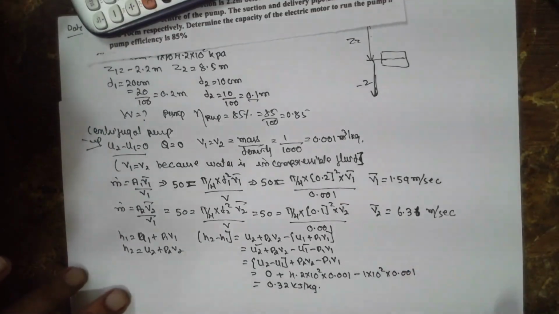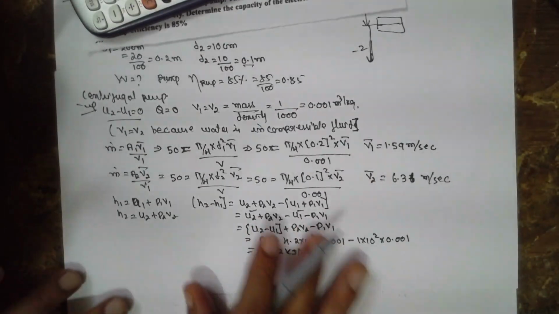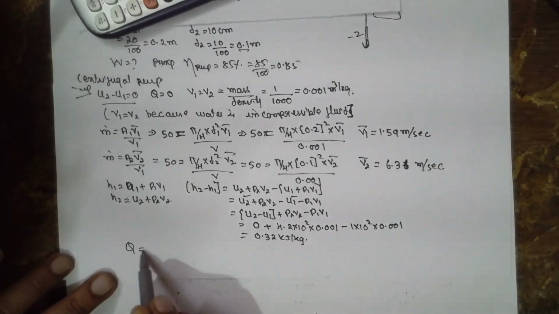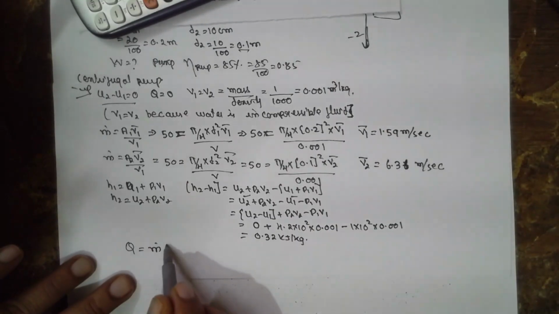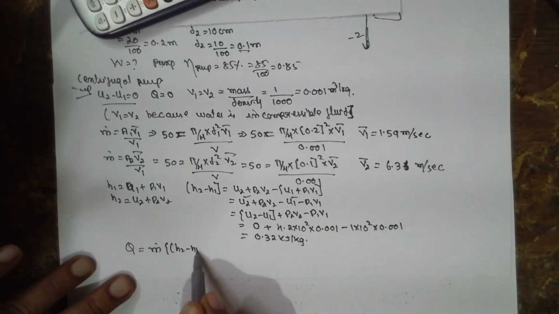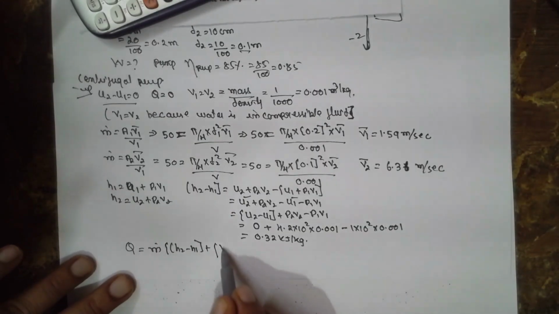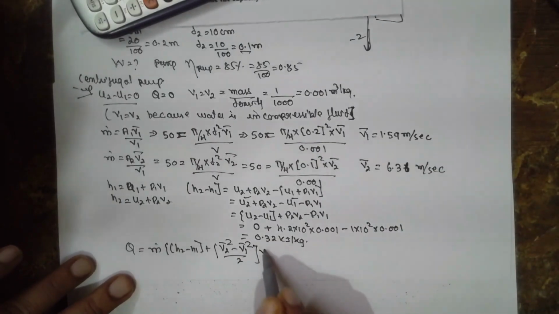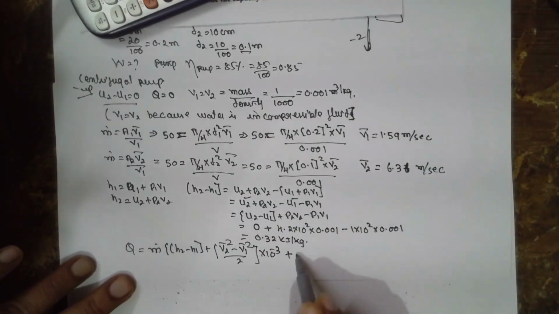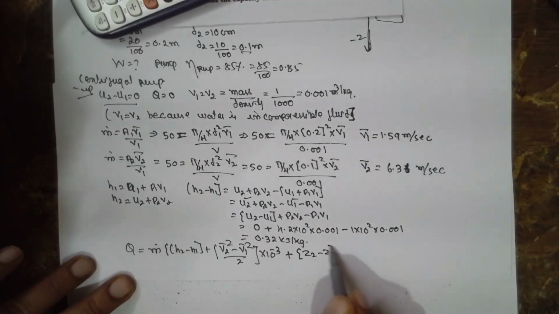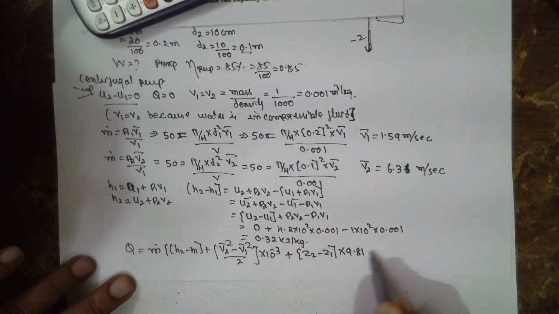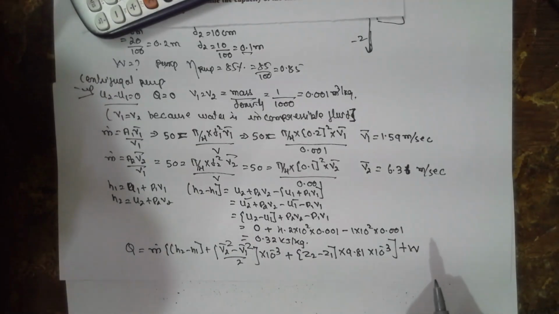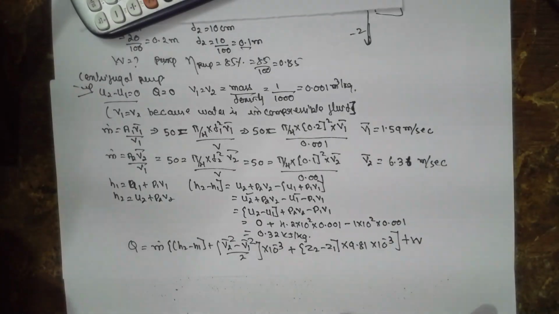After getting the answer, substitute in the formula. The formula stands here: Q is equal to m dot into h2 minus h1 plus v2 bar square minus v1 bar square divided by 2 into 10 raised to minus 3, plus z2 minus z1 into 9.81 into 10 raised to minus 3, close the bracket, plus W. Now substitute the values.